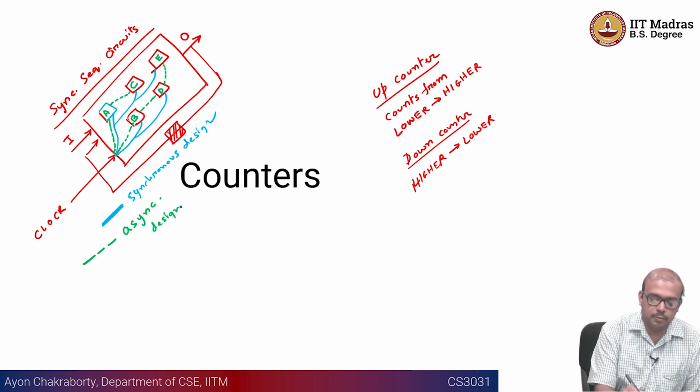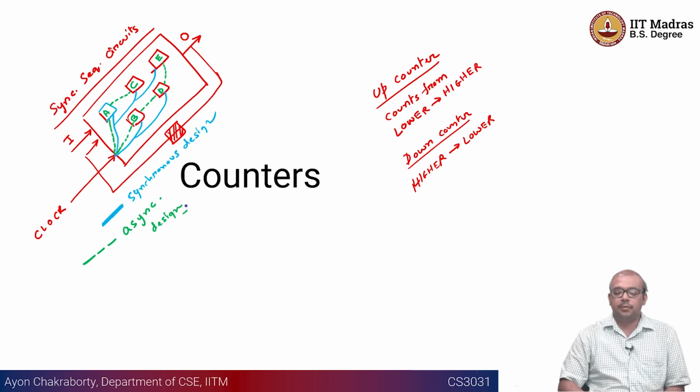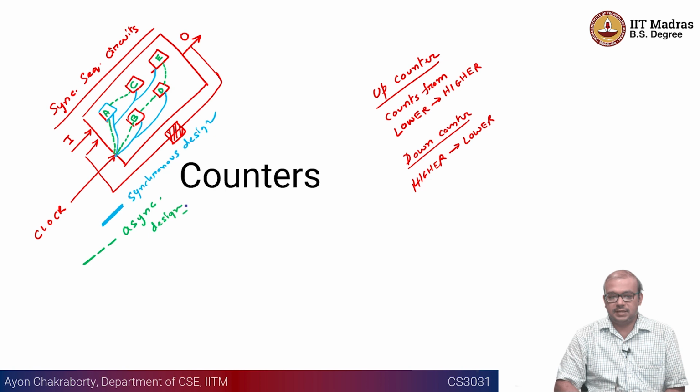Most of the designs that we are going to look at in this particular course are going to be synchronous sequential circuits. This is a very important point that you need to remember, because the circuit behavior is going to completely change if you are using the same thing, but your clocking is not synchronous but asynchronous. It is going to be very, very different characteristics.